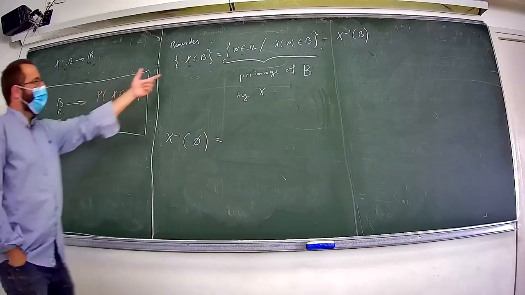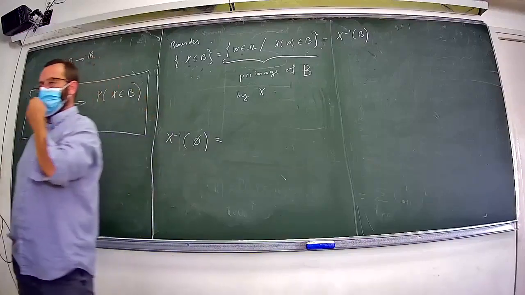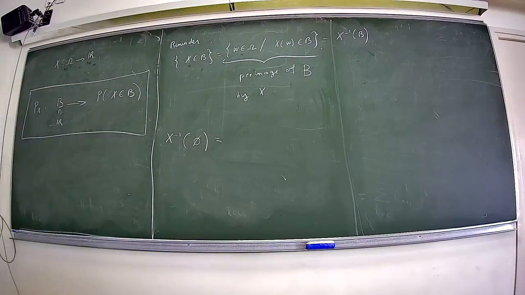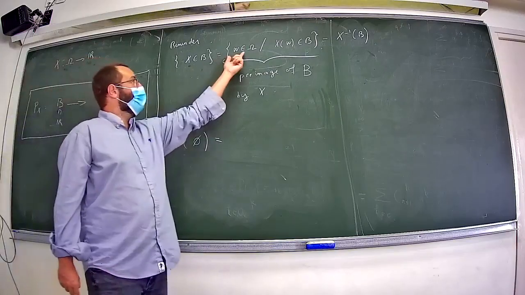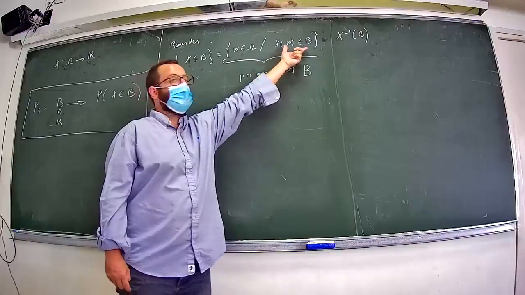It is X belongs to the empty set. Not 0, the empty set. It is the set of W belonging to omega such that X of W belongs to the empty set.